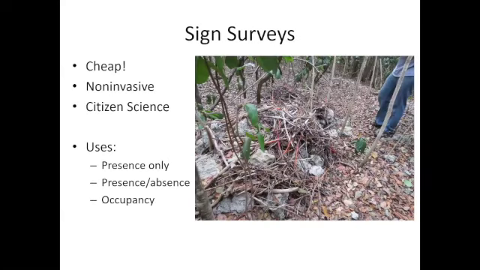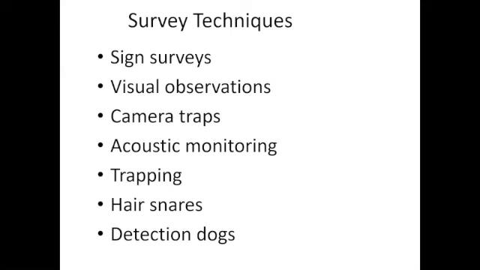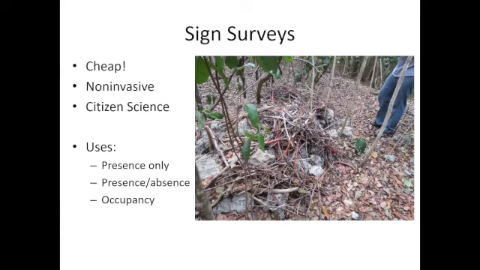So sign surveys, and that also follows some essence of a hierarchy. Sign surveys are the easiest, cheapest, non-invasive way to look for animals, right? So we have here on the right a photo of a Key Largo wood rat nest, and you can see that wood rats build these giant stick nests in middens.